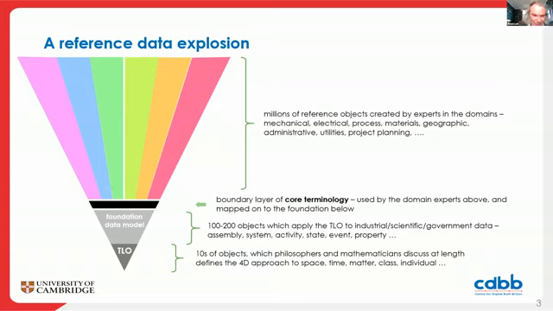ISO 15926, which has been mentioned, talks about temporal parts. It talks about the thing called a functional physical object. Nobody in engineering, nobody in the colored bits above has any idea what that is. And so there is a task here to develop a layer of terminology which the domain experts working on the reference data items above can make use of.